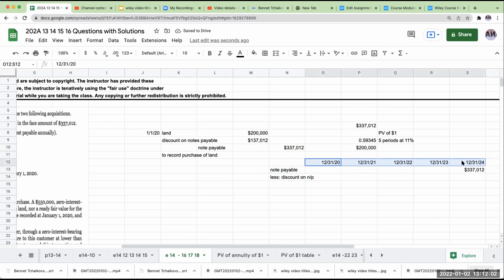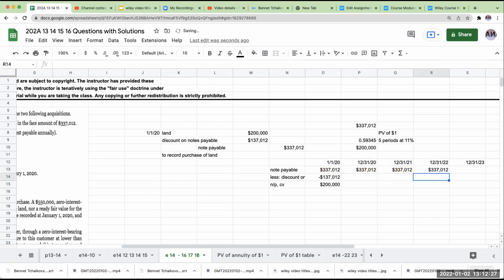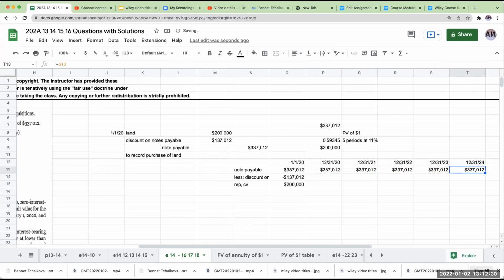When I initially buy this, in my non-current liabilities, my note payable is 337,012 less my discount on notes payable, so my note payable carrying value is going to be $200,000. Now, ultimately, when I go to pay this note off, I have to show the note payable at 337,012. So I've got to get this discount down to zero.